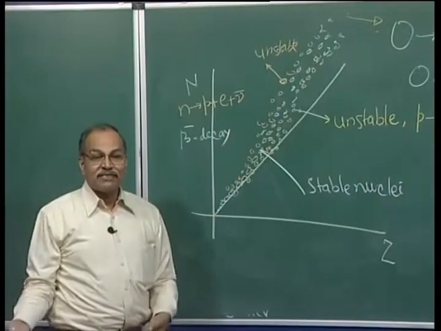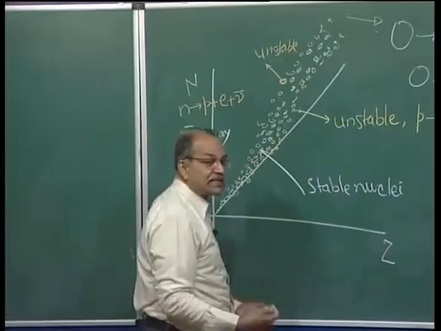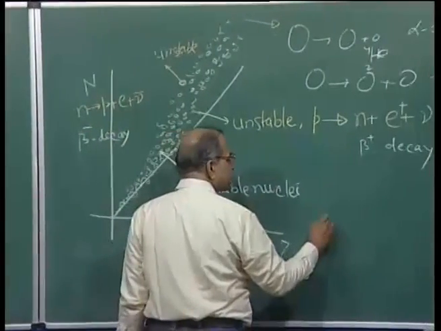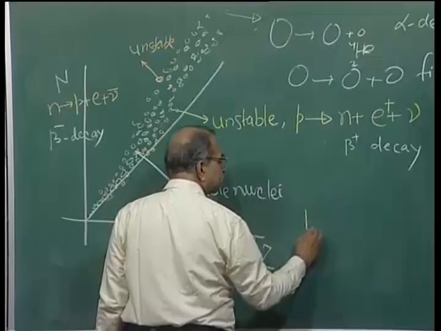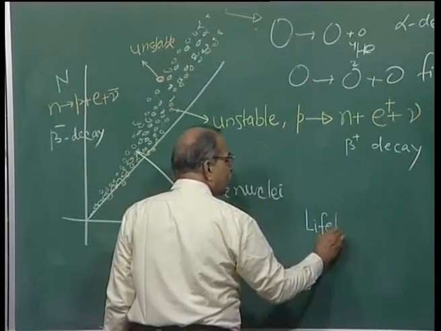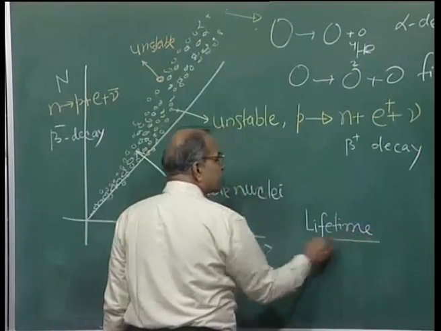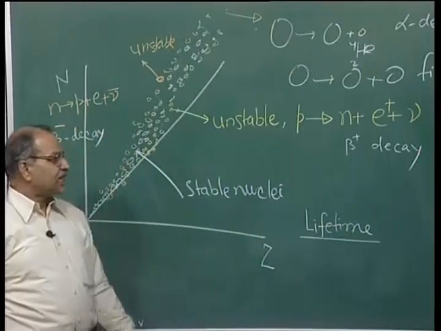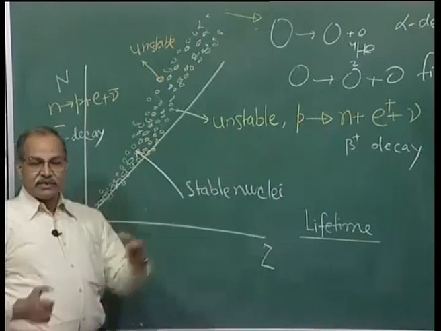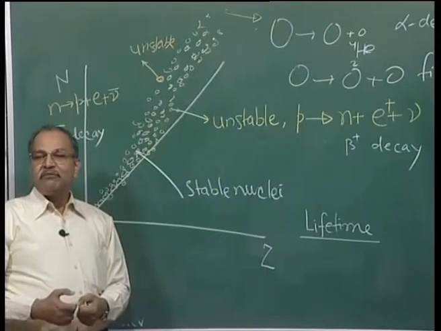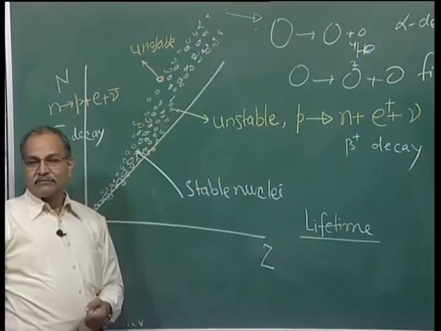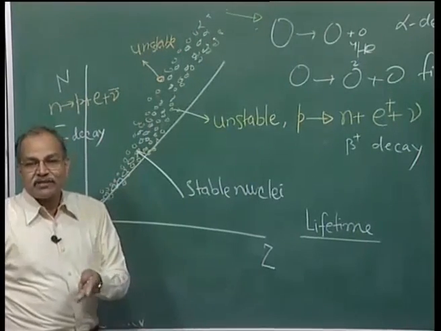A degree of instability can also be how unstable it is. So, that is measured from lifetime. What is the average lifetime of this nucleus once it is formed? It is unstable, it will beta decay or do some disintegration. So, what is the lifetime of that?